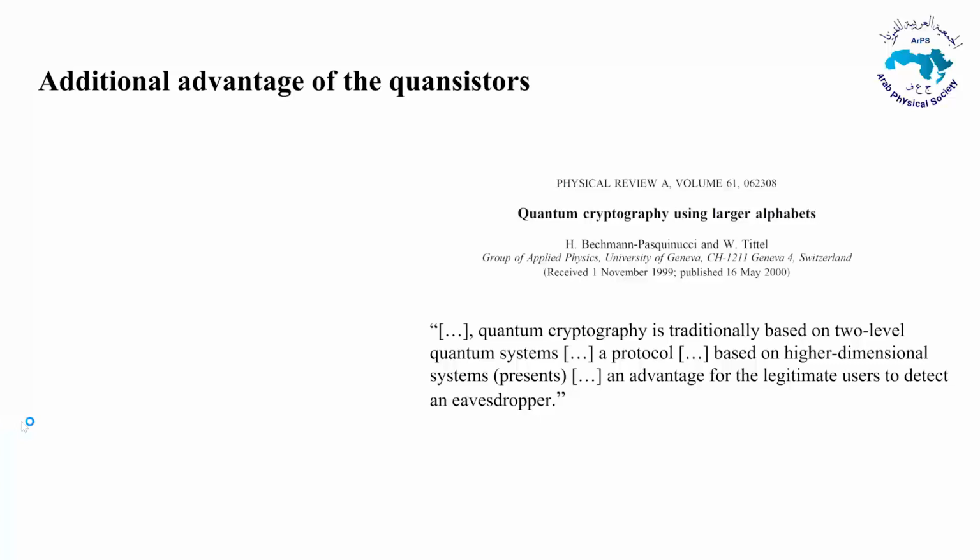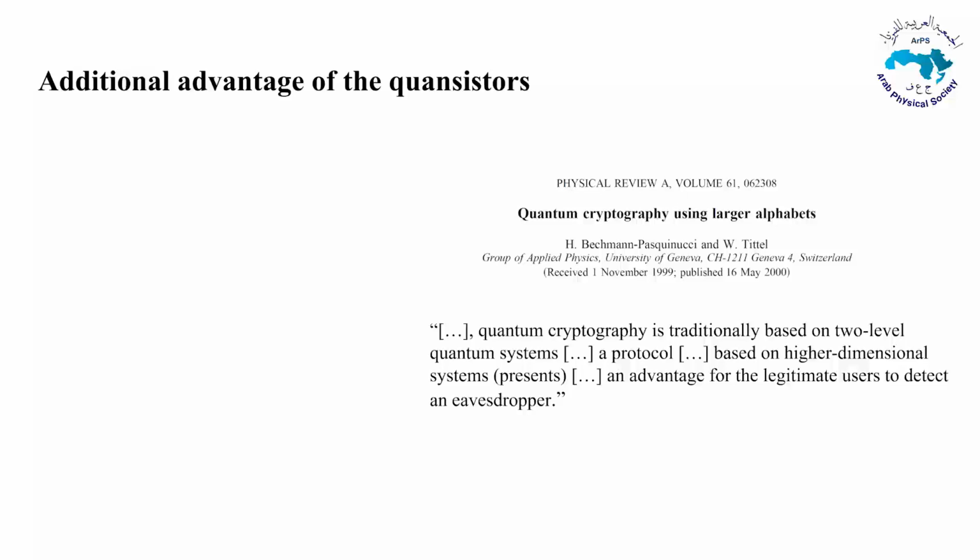There is another advantage of the transistor that we are working on: using it in quantum cryptography. People have known since 2000 that quantum cryptography is traditionally based on two-level quantum systems. This paper said that a protocol based on higher-dimension systems gives legitimate users an advantage in detecting the spy, the quantum spy.